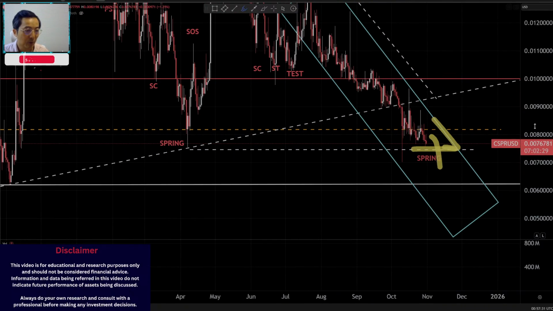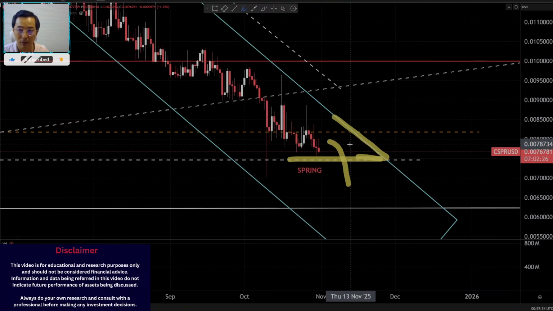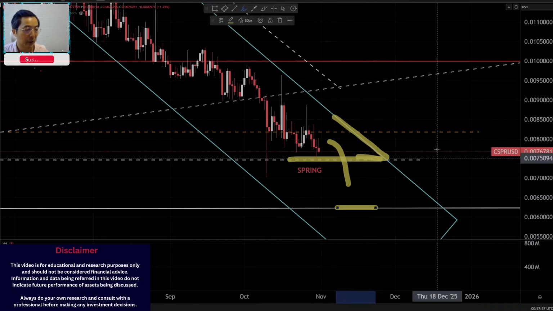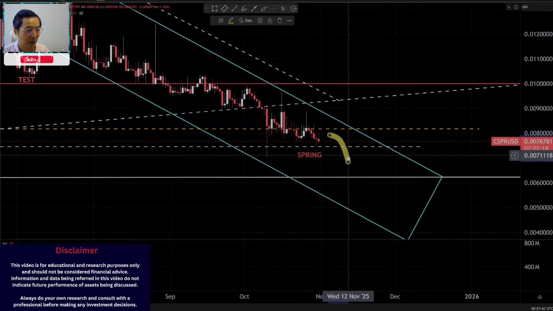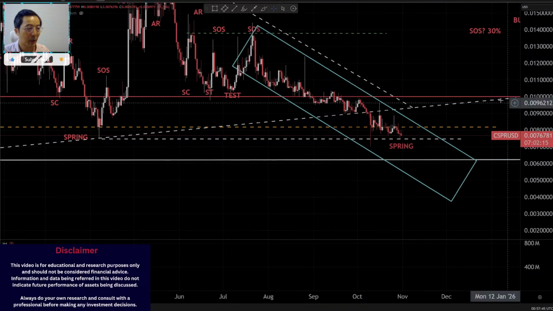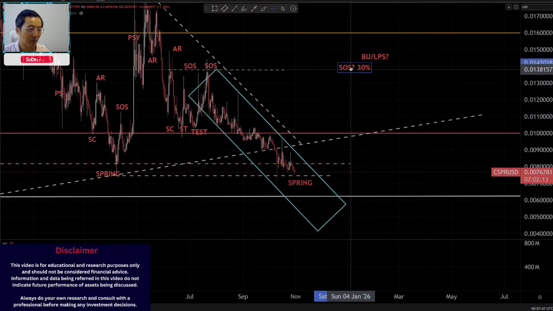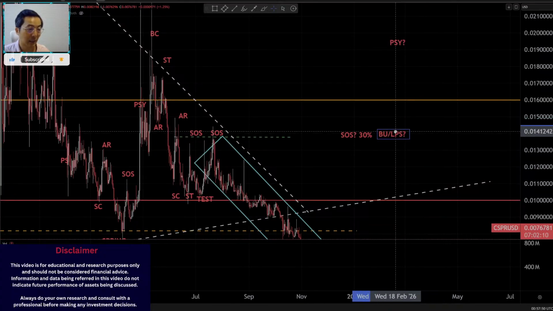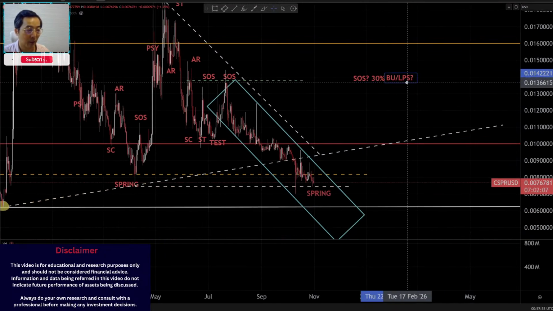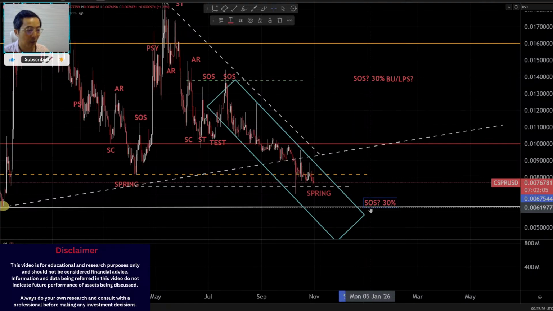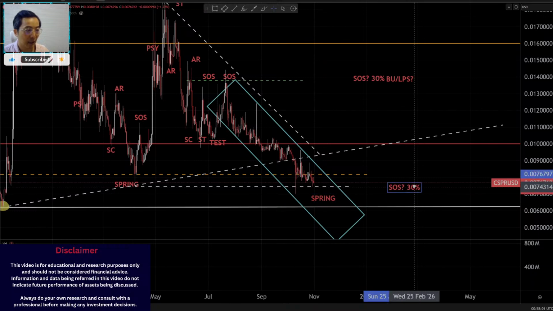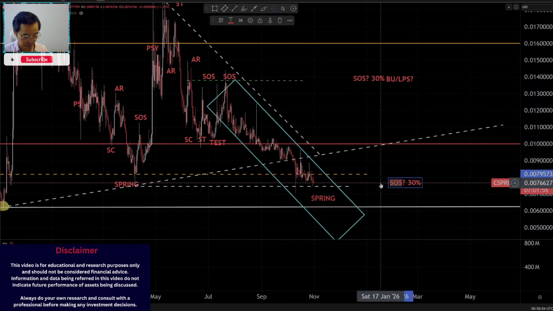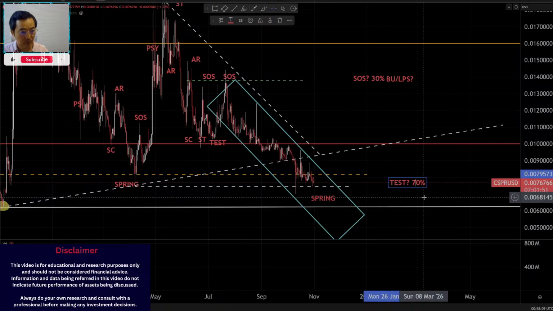So don't be surprised if the price really comes down to the level we were at exactly 12 months ago. So what to expect next then? Hopefully we'll see a sign of strength, but that's only, as of this moment, of a lower chance, or a back-up to the last point of support after that. What's more likely is the spring getting even lower, and then there would be subsequent tests, further tests before the price can eventually go up.